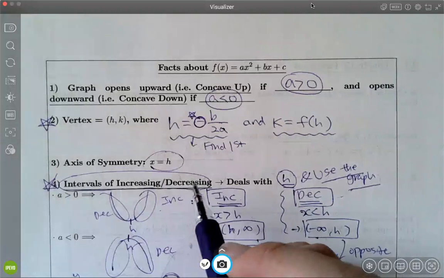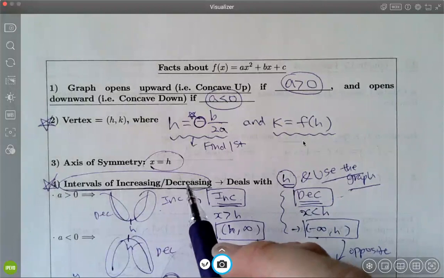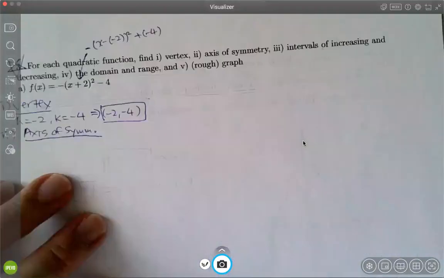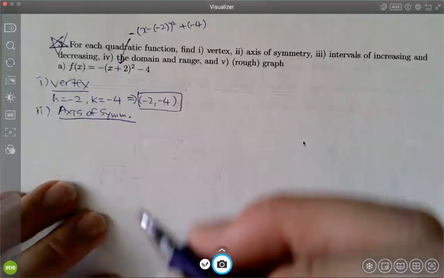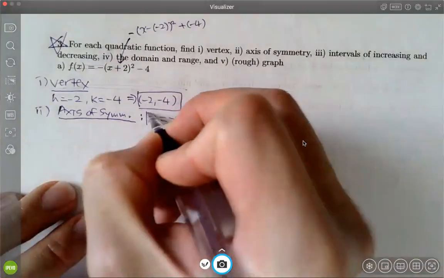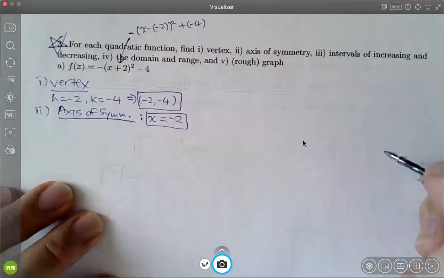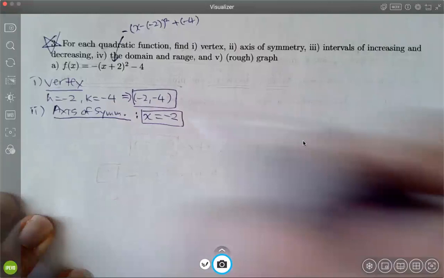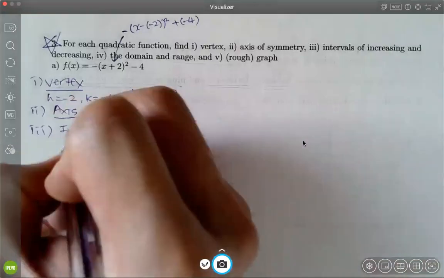So what's the equation of the axis of symmetry? x equals -2, right?